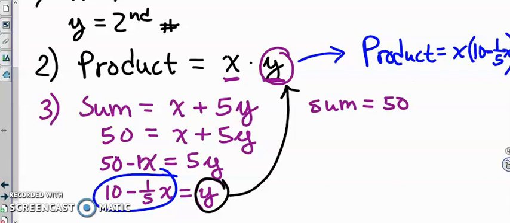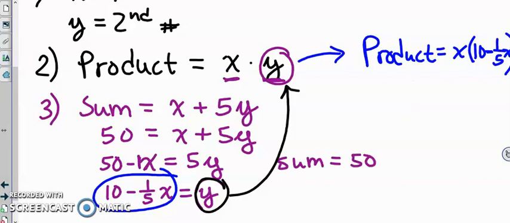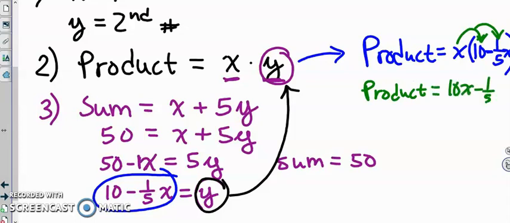Okay, so with that being said here, we're going to go ahead and multiply that through so we can get an equation. But again, you can put that equation into the calculator and actually get an answer. But distribute that here. So our product equation, again, we're trying to find the max product. So we get that equation.